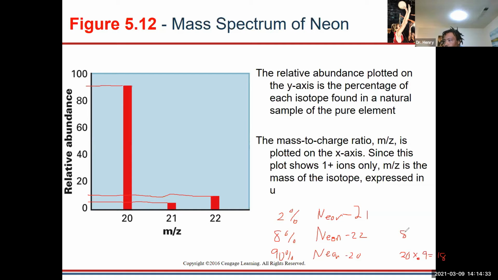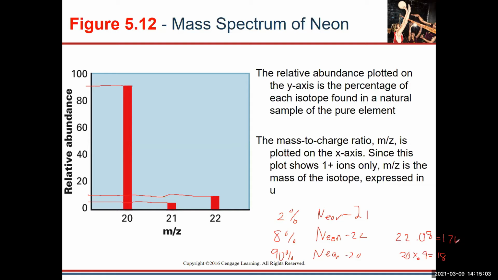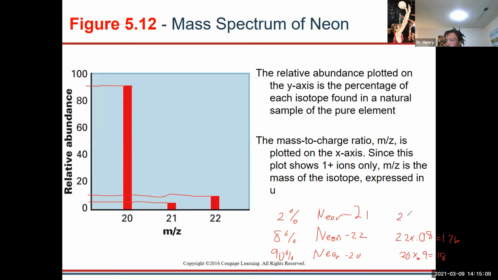And then for 8%, that's 0.8 times 22, which is 17.6. And then 21 times 0.02 is 0.42.